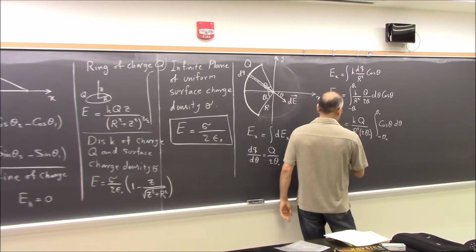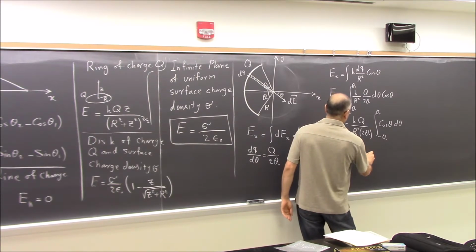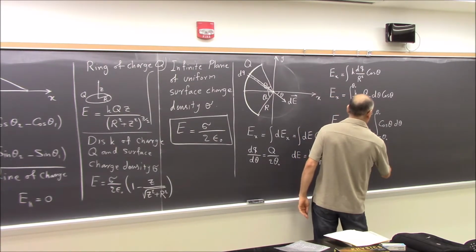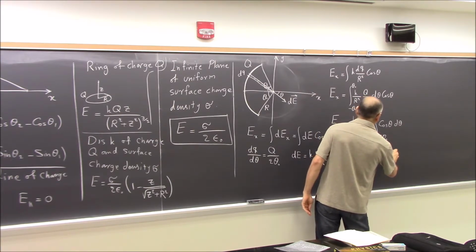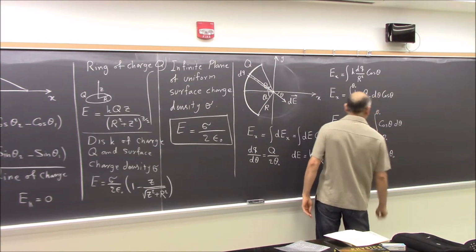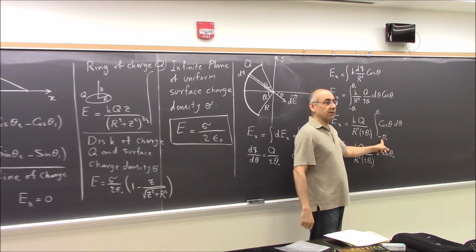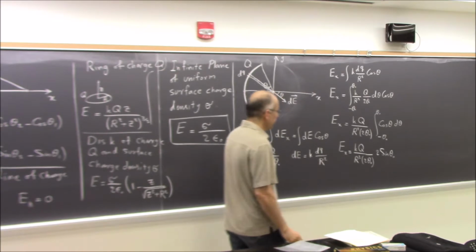So Ex will be kq over r squared times 2 theta naught times 2 sine theta naught, because it is sine theta naught minus sine negative theta naught, which is like 2 sine theta naught.